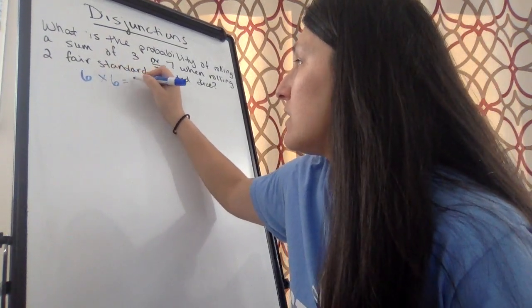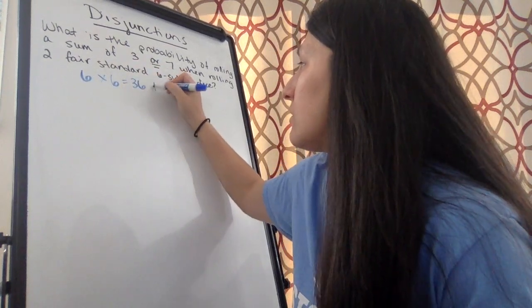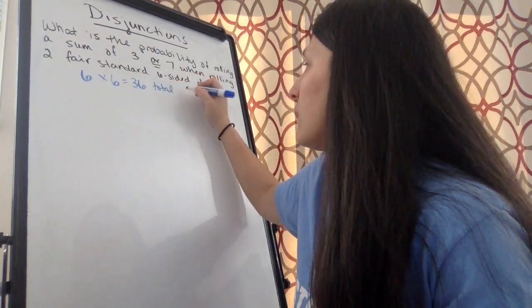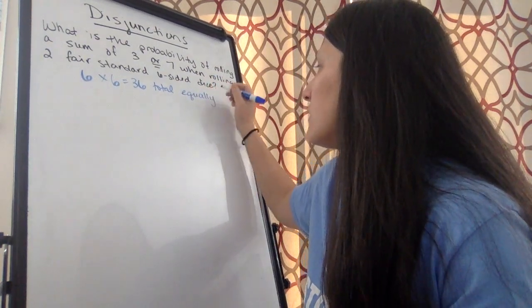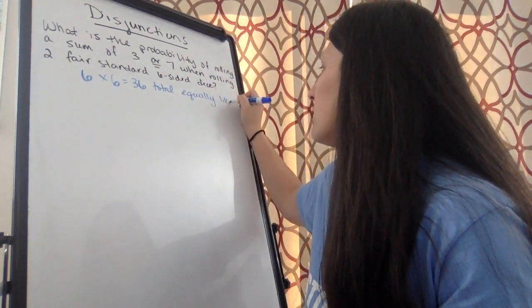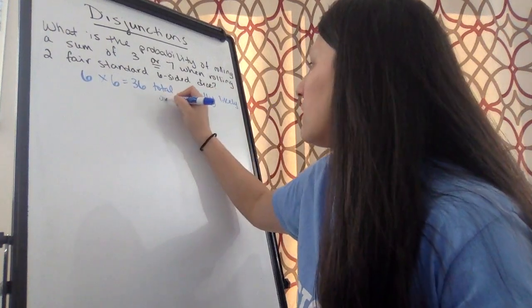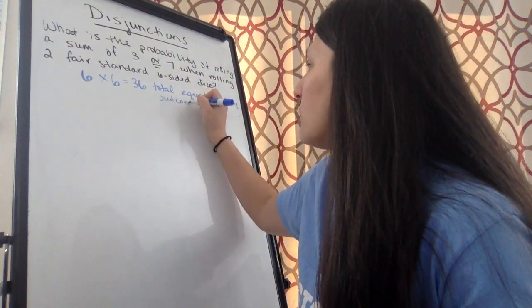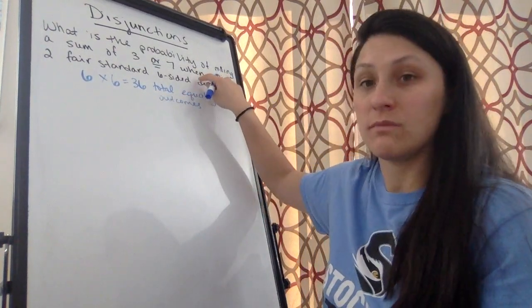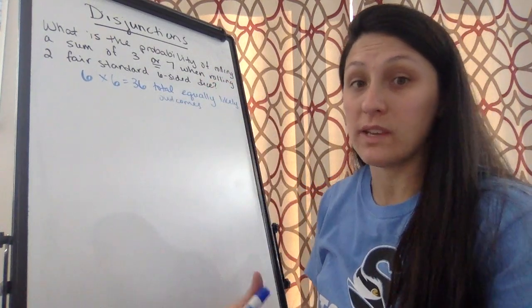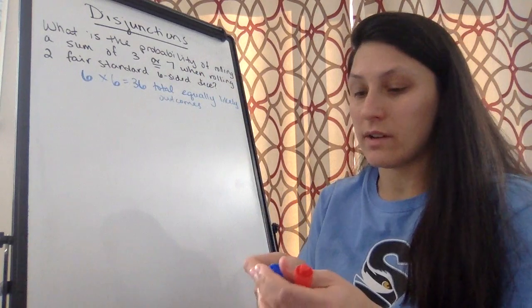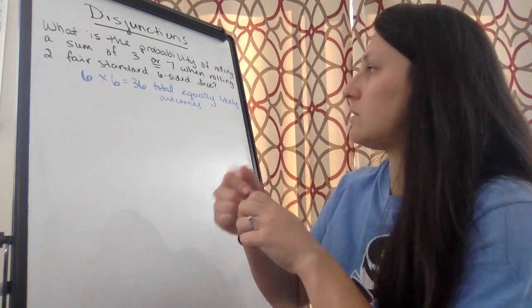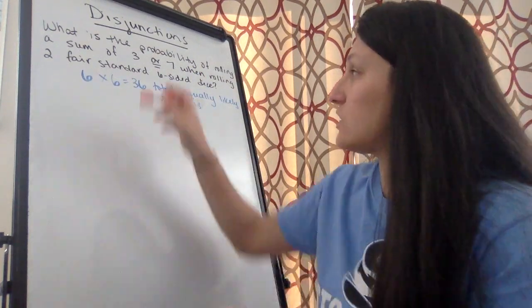So there should be 36 total equally likely outcomes. That's why we're able to answer this question, because we can use theoretical probability. So we already know that there's 36 total outcomes. Okay, so let's find the probability of each of these things.